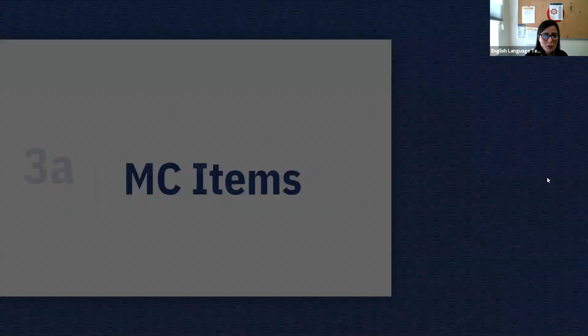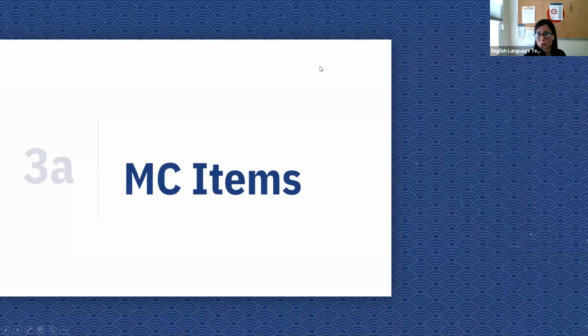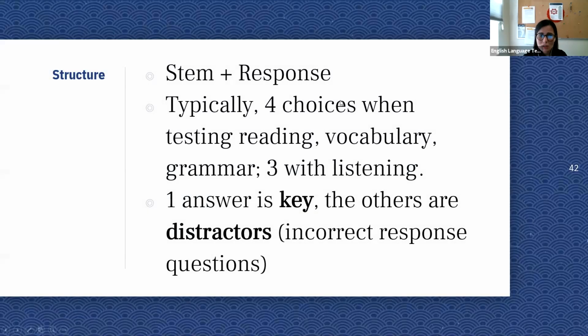Okay. So as we move forward, let's talk a little bit about multiple choice items, right? So you have stem and response. Now, this is something that I learned fairly recently, because I used to have 4 choices for all reading, vocabulary, grammar. Whenever I had a multiple choice item, I would usually have 4 options, 1 key answer and then 3 distractors.